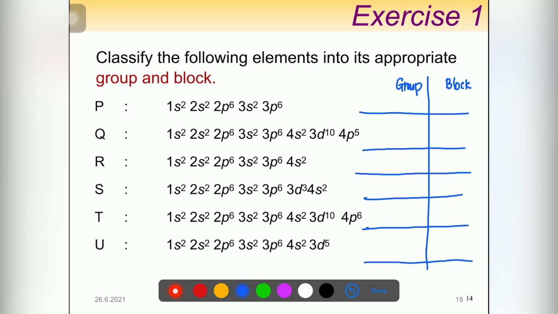Let's say for element P, the highest n is 3.